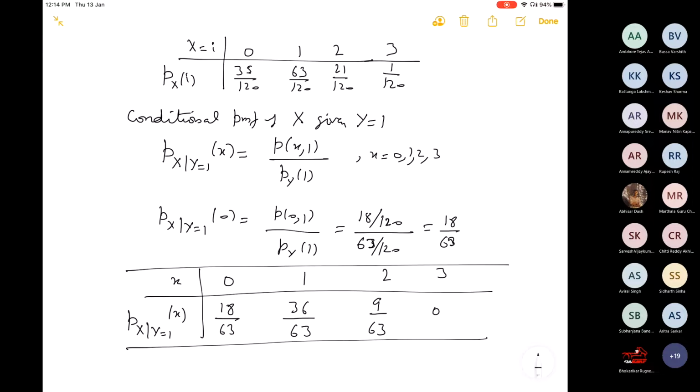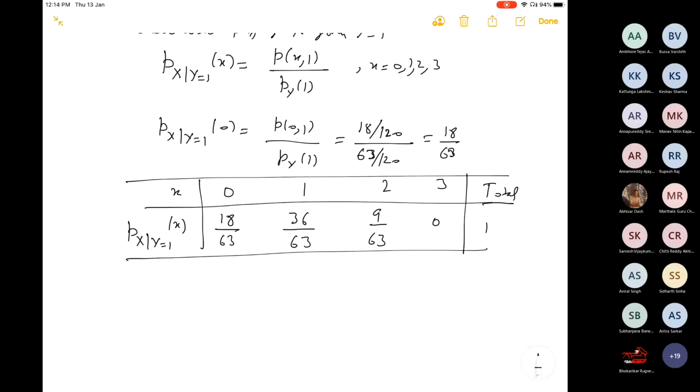Just plugging in the corresponding values of x and y. The total is 1 here. So if you find out the mean corresponding to this, it will be nothing but the summation of x multiplied by p(x given y is equal to 1).